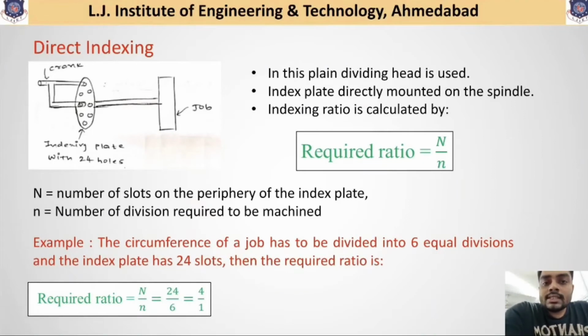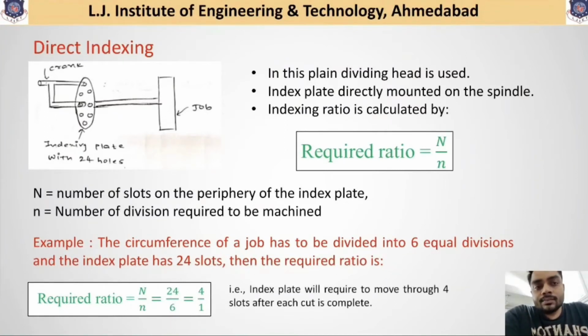What is the interpretation of this result? To generate one division on the workpiece, the crank needs to be rotated through the index plate by 4 holes.